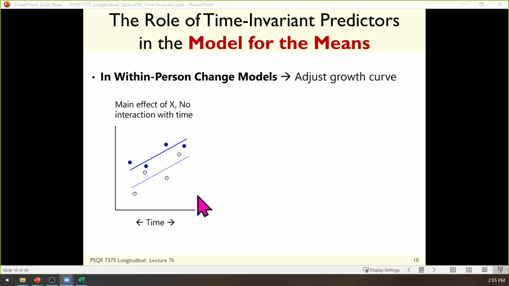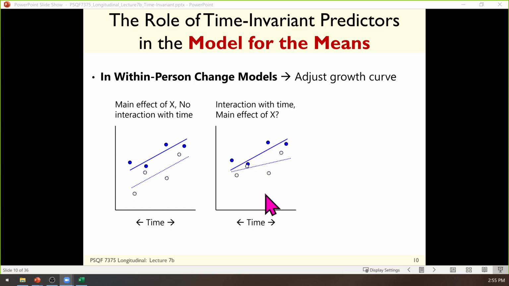Main effects shift the intercept up or down, the same way that they do in regression models. So if I put in a main effect of x, then I would talk about the change in the intercept for a 1 unit change in x. That would imply that the effect of x is constant over time. The same effect of x happens at every occasion. So it just corresponds to a shift in intercept.